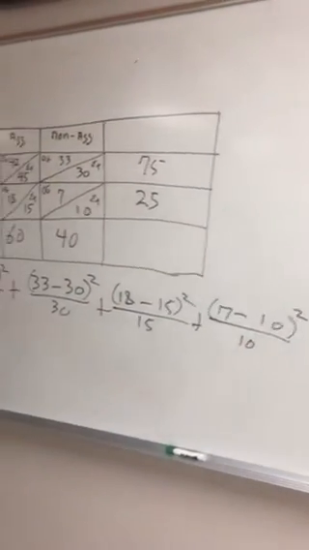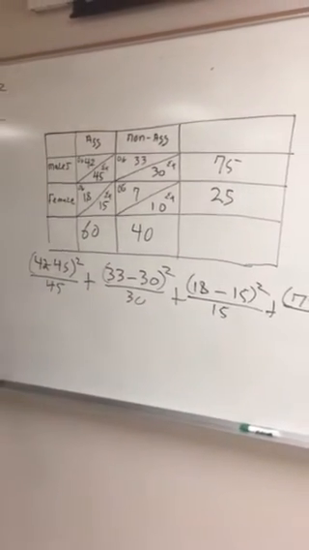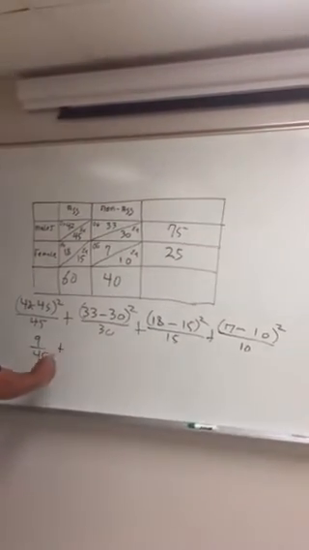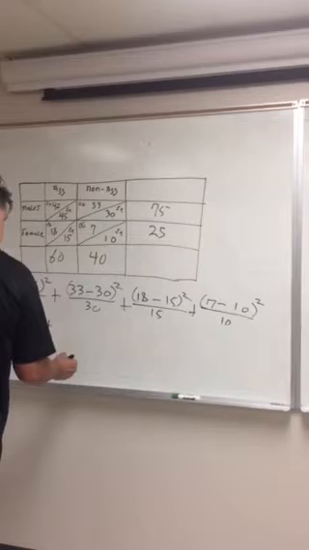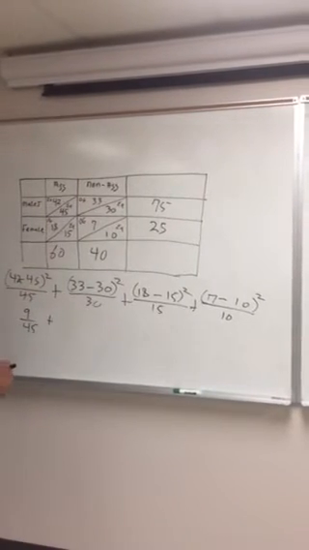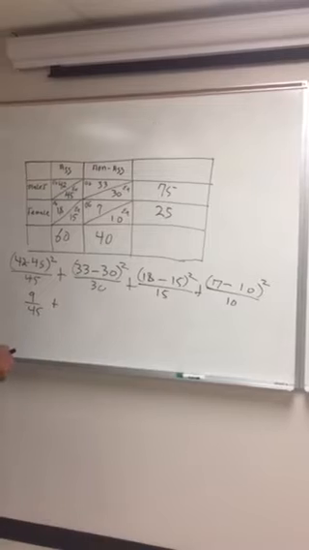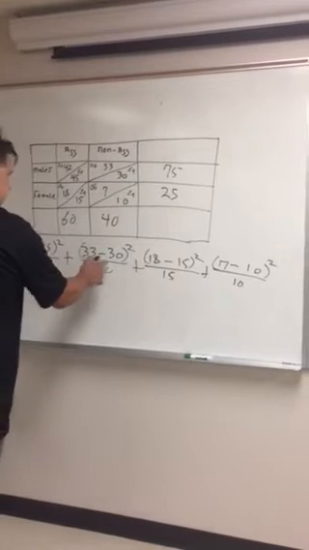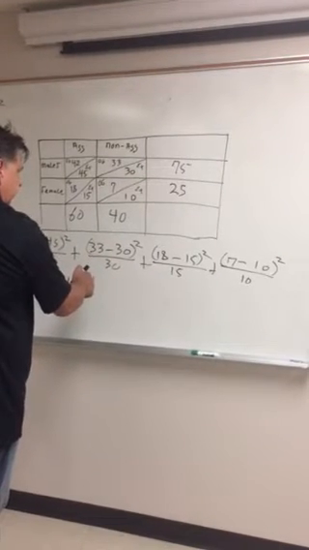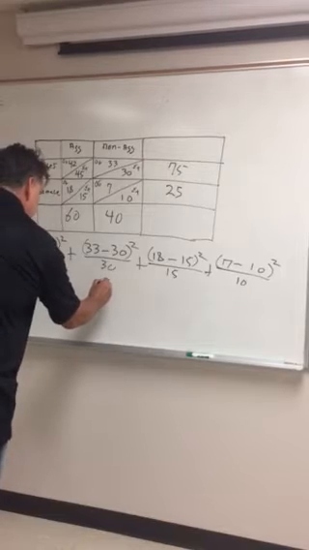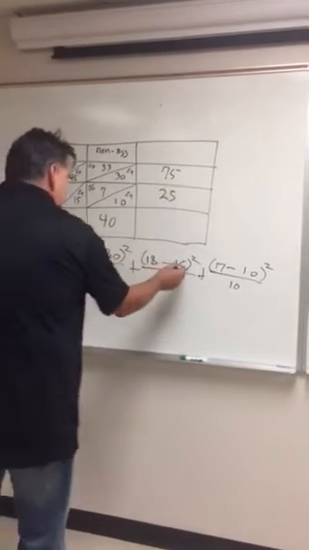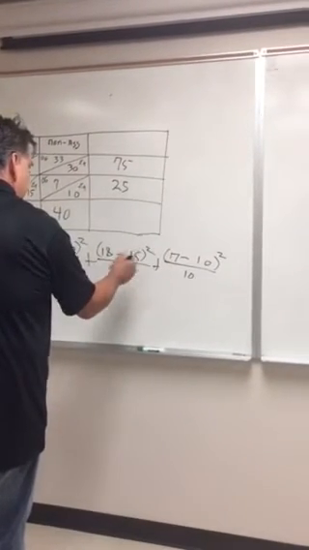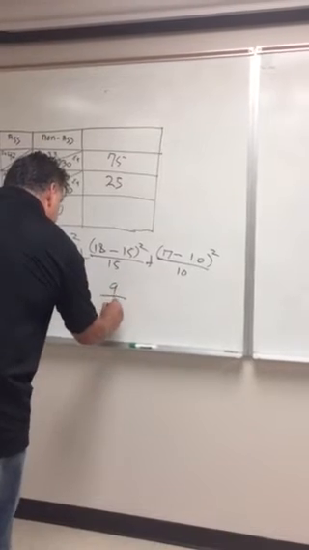So when I take 42 minus 45, that gives me negative 3, and then I square that, which gives me 9, over 45. 33 minus 30 gives me 3, squared will be 9 again, over 30. 18 minus 15 will give me negative 3, squared, 9 again, over 15.